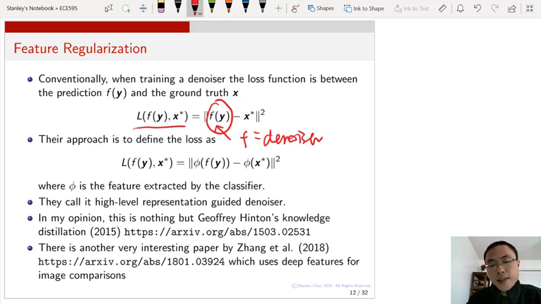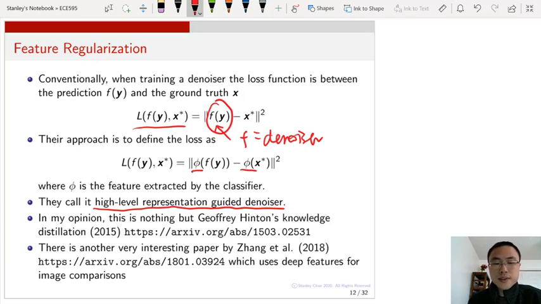So what they do here is that they send the same y to the denoiser, but they are not just comparing the x directly, they're comparing the features extracted by the network. So now they're comparing the features, and so this is a comparison in the feature space, and so this is what they call the high-level representation guided denoiser, because they're really looking at the high-level representation and not just at the pixel level comparisons.